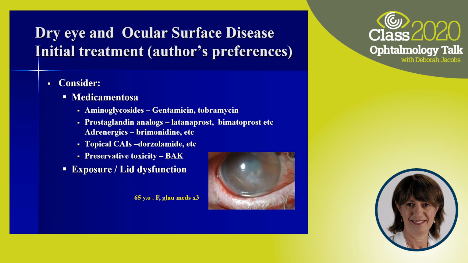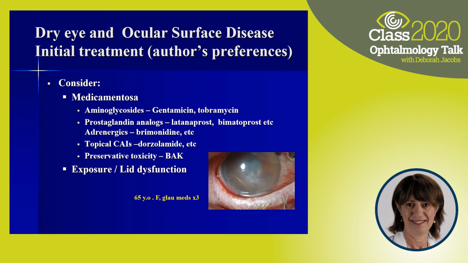In seeing patients that have dry eye syndrome, it is also important to consider that they may indeed have medicamentosa. They may be having problems at the ocular surface from aminoglycoside toxicities. The glaucoma drugs can be bad boys as far as ocular surface disease. One must consider whether they are on prostaglandin analogs, adrenergics, or topical carbonic anhydrase inhibitors.